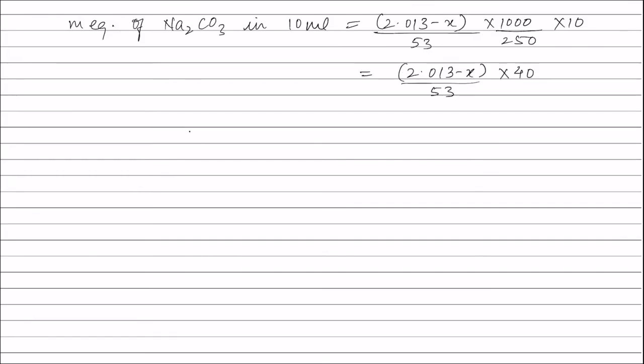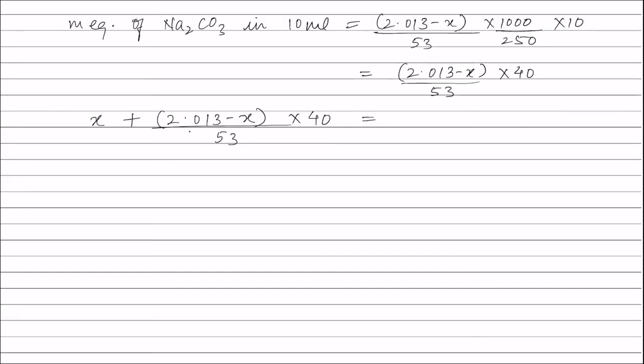Now milli-equivalents of sodium hydroxide, that is x, plus milli-equivalents of sodium carbonate, that is 2.013 minus x divided by 53 into 40, is equal to milli-equivalents of sulfuric acid required for complete neutralization.